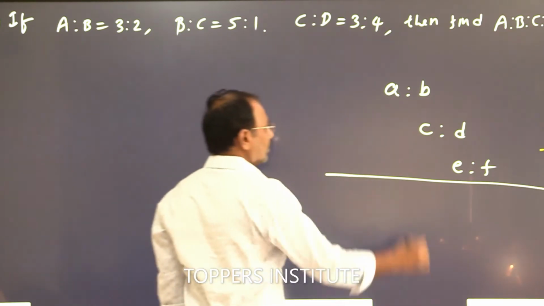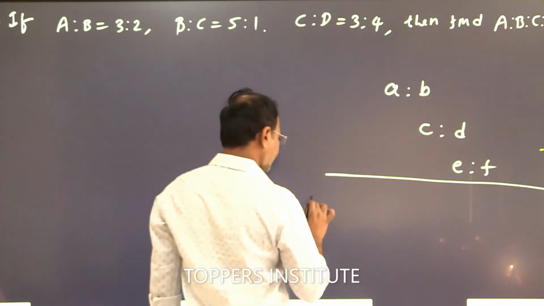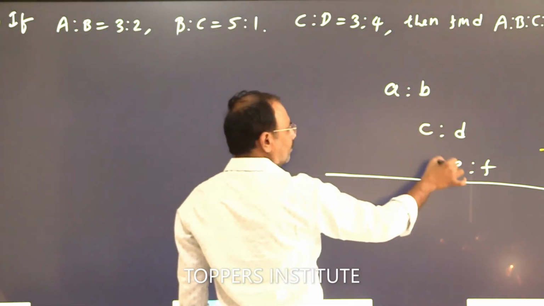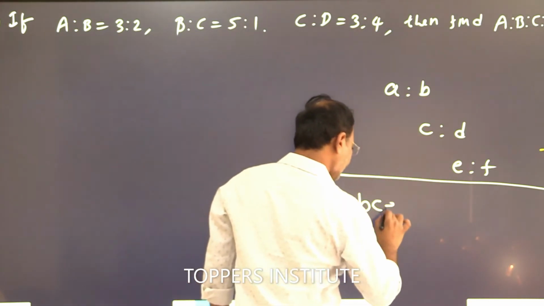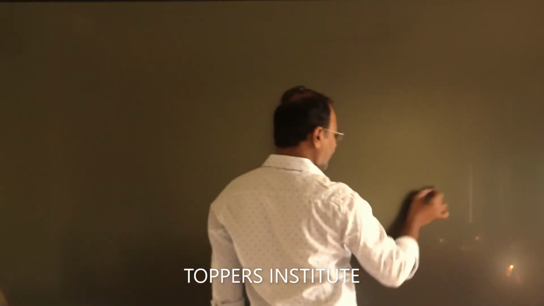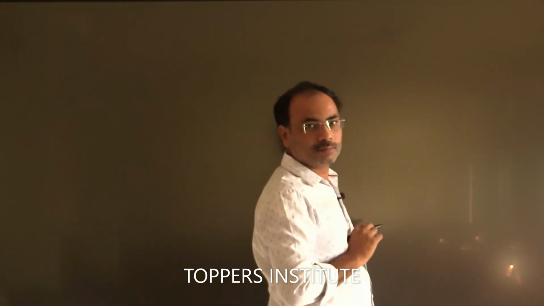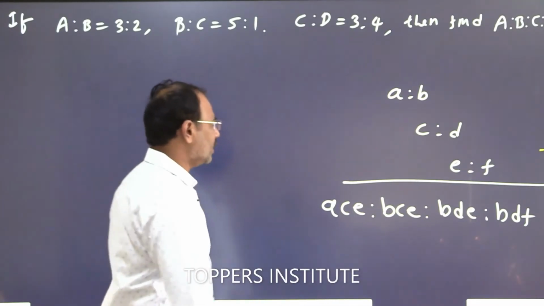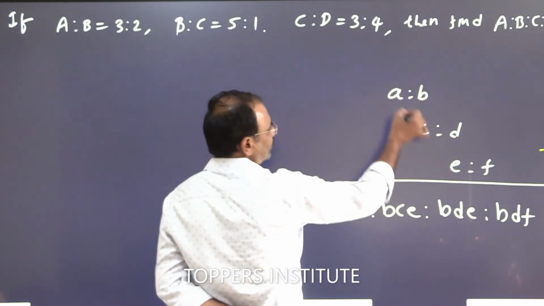Then first term ACE, second term BCE, third term BDE, and the last term BDF. So we observe the first term is the product of antecedents.